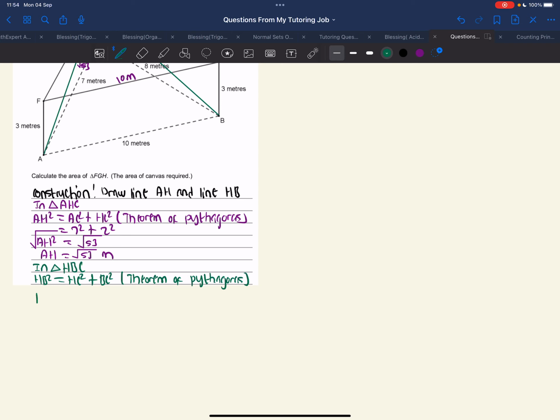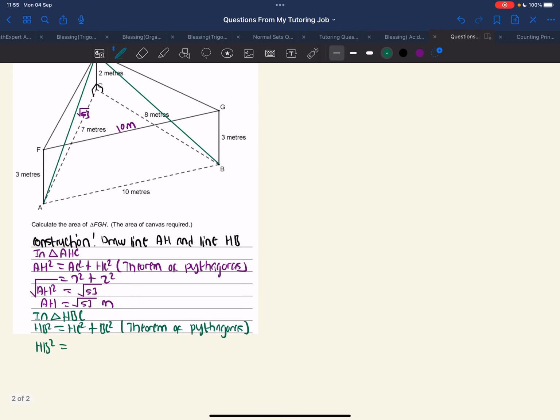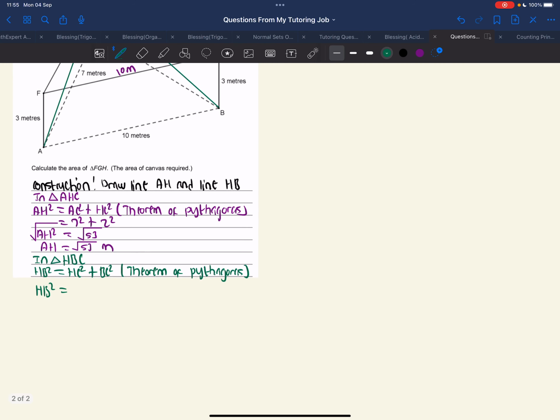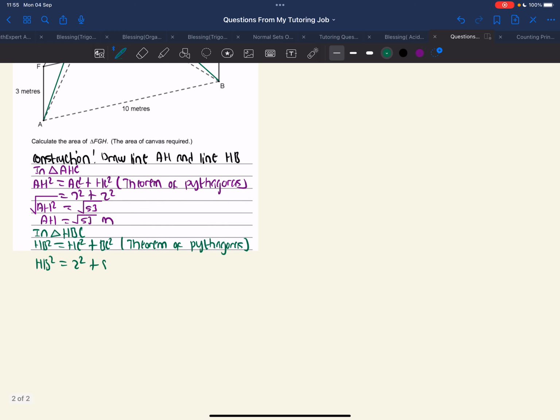All right, then HB squared is equal to HC, which is 2 centimeters squared, plus BC squared, which is 8 centimeters squared. Then we take the square root of that sum. So 2 squared plus 8 squared gives me the square root of 68.